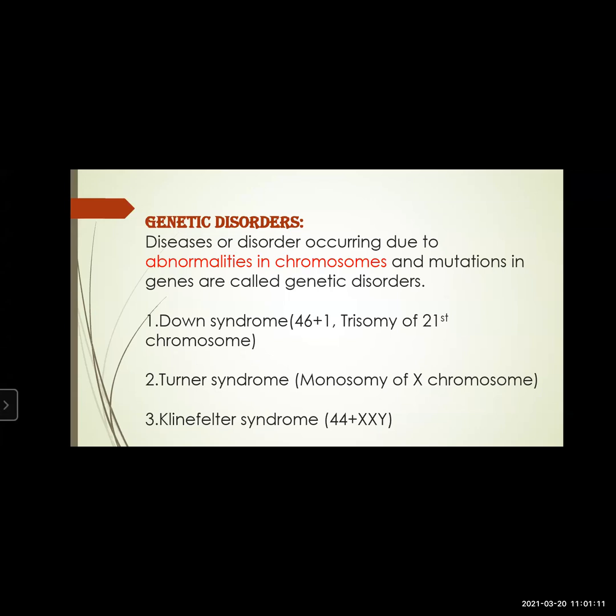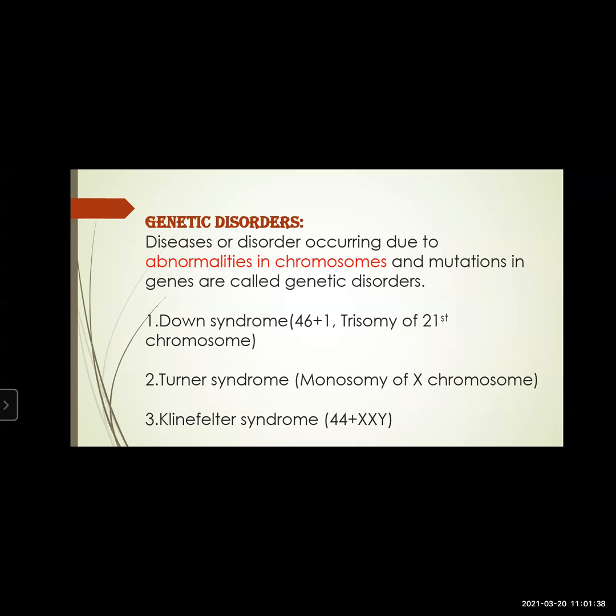But in this case, just as with autosomes, abnormality in the sex chromosomes also takes place. So in Turner's syndrome, due to inactivation of one of the X chromosomes, it looks like only the 44 plus X condition, right? So instead of 44 plus XX, it is 44 plus X.